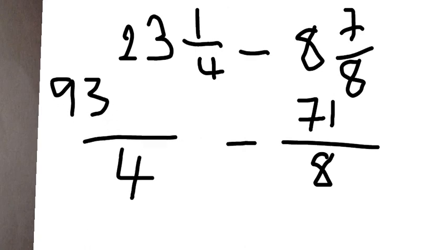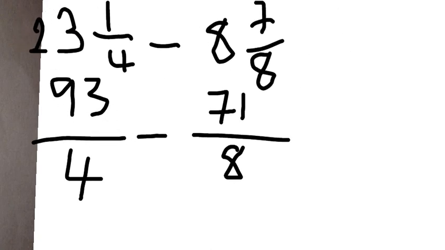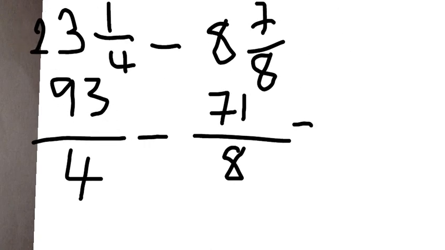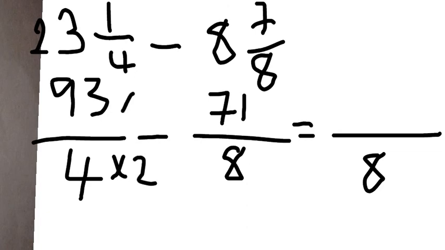All right, let's find the least common denominator now. What's the least common denominator for 8 and 4? It's obviously 8. So you put your 8 here. Now, you did not change this one, remember, because it's already an 8. So you need to change this one because it doesn't have 8. So you multiply by 2, and you multiply the top by 2.